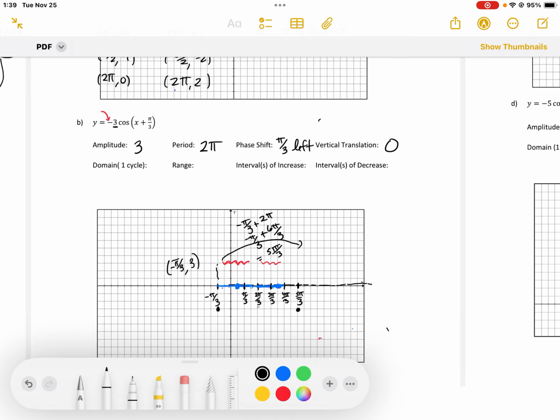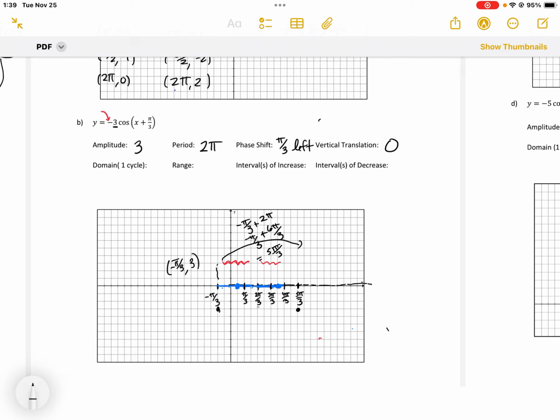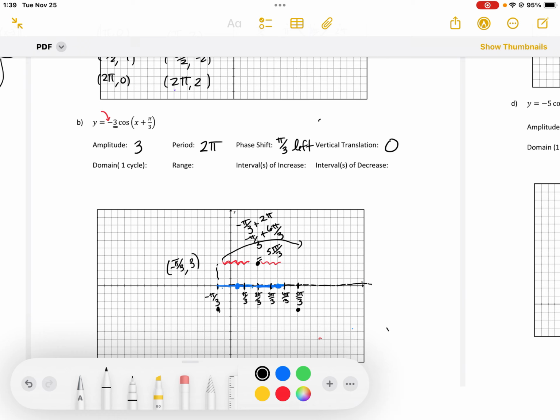Then my point that is actually in the middle between those two is going to be, let's see, I've got 2, 4, 6, 8, 10, 12. So that means 2, 4, 6 would be my middle point. And then now I'm trying to divide each of those sections into half again. So the first one is here.